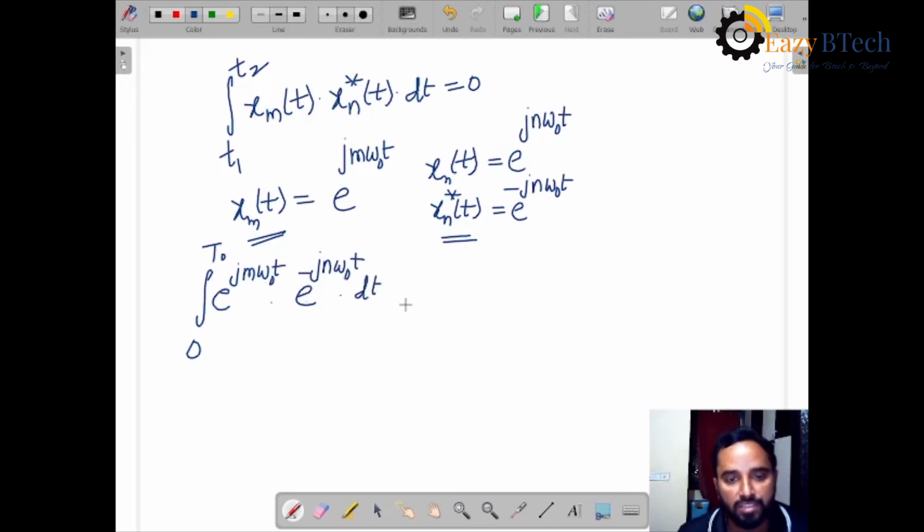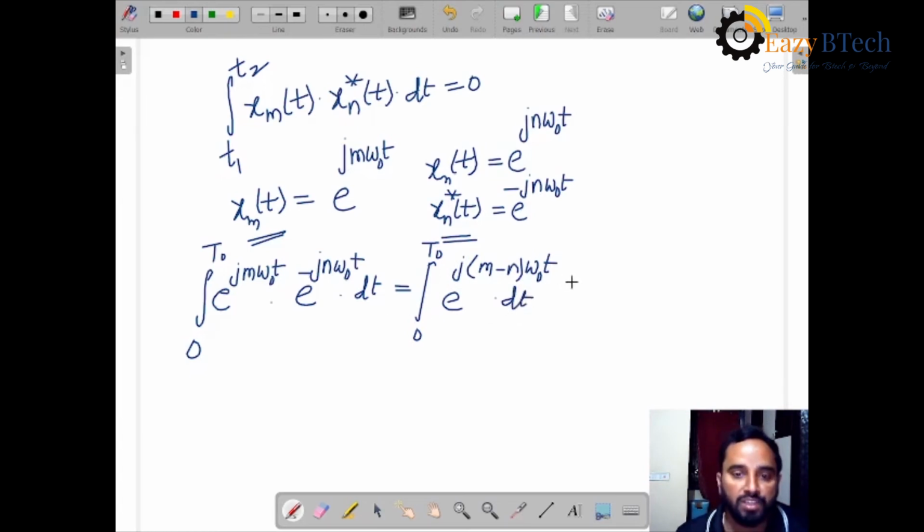Here the bases are the same, both are exponentials, so we add the powers, 0 to t naught, and in the power we can take j and omega naught t common, so we get m minus n omega naught t dt.